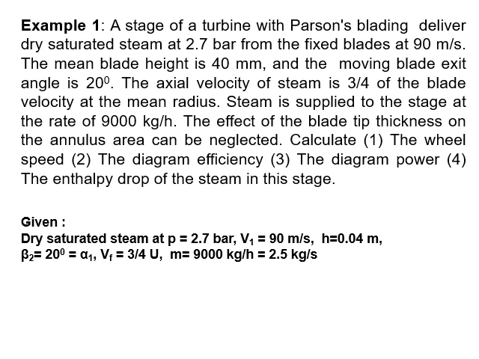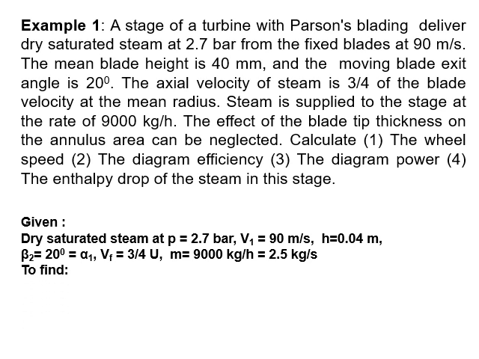and that is equal to alpha 1, according to the 50% reaction turbine. Now the flow velocity Vf is 3/4 times U. The mass flow rate is given as 9000 kg per hour, that is 9000 divided by 3600, which gives 2.5 kg per second.